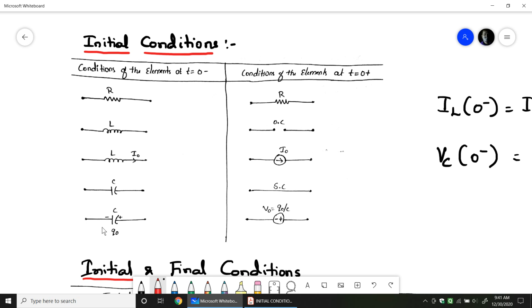Now coming to the next condition, where there is an initial voltage stored in the capacitor, for which the capacitor has been charged.